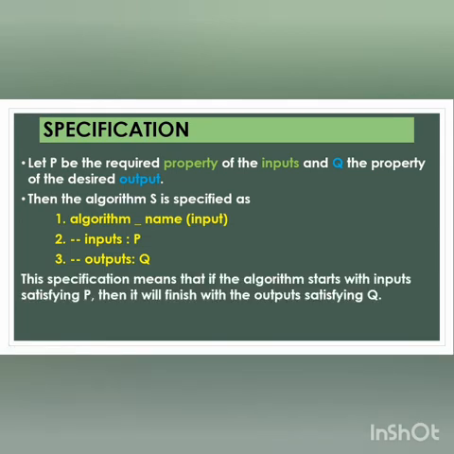Specification means that if the algorithm starts with inputs satisfying P, then it will finish with output satisfying Q. How do we write the specification for the algorithm? We use 3 steps. First, we mention the name of the algorithm. Second, we mention the property of the input. Third, we mention the property of the output. This is how we write the specification for an algorithm.